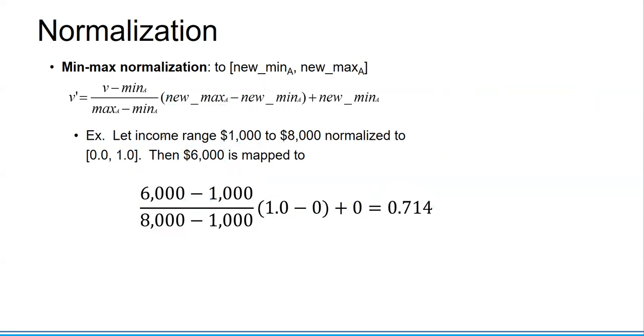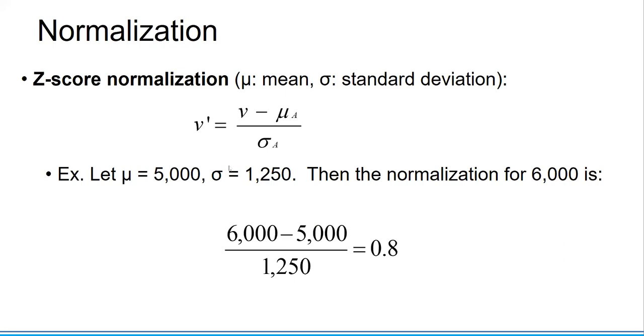Now you can have another normalization. We call it z-score normalization. In z-score normalization, we need the mu and the standard deviation. The mu refers to the mean and the tau refers to the standard deviation. If we have a value v, we subtract the mean and divide by the standard deviation, so we get a new value, v prime.